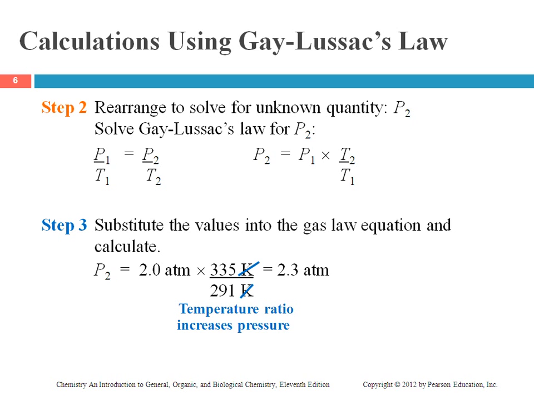Be sure you notice that T2 is on top, T1 is on the bottom, and then we have 291 K. Our kelvins cancel, so our units there cancel out, and we are left with 2 times 335 divided by 291, and that gives us 2.3 atm.